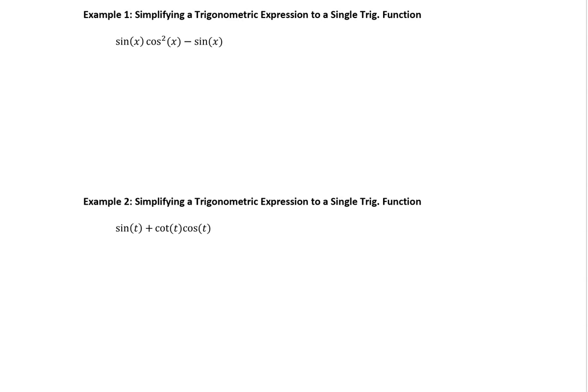So you can see in this problem that the only thing that is not sine is this little piece here. And hopefully when you see something being squared, you think, oh, let me use a Pythagorean identity. So the Pythagorean identity I want to use is that cosine squared plus sine squared is equal to 1. I'm going to manipulate this until I get the cosine squared by itself.